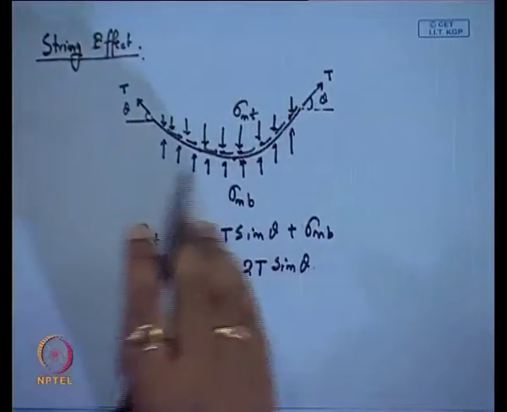Because of these two effects, string effect and confinement effect, the bearing capacity is improved for the reinforced soil or reinforced foundation. Now, a very important question is what the improvement pattern is if I increase the reinforcement.